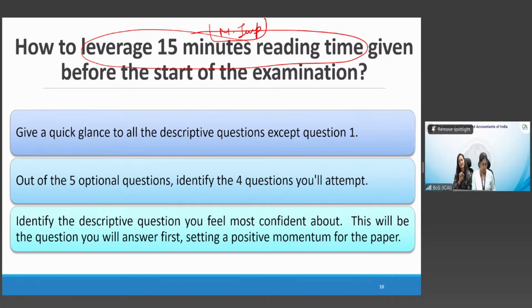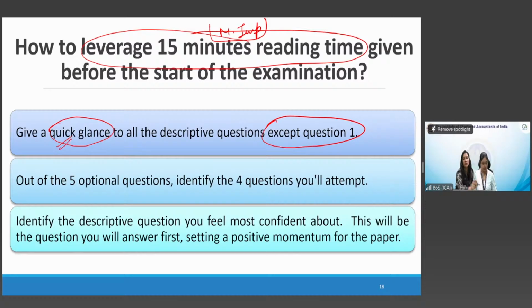You just give a quick glance to all the descriptive questions except question 1. Why are we saying except question 1? Because, as we got feedback, students generally panic once they look at question 1. They feel that, oh, I'm not aware of this question, and their confidence gets lost. So we request students to give a quick glance.